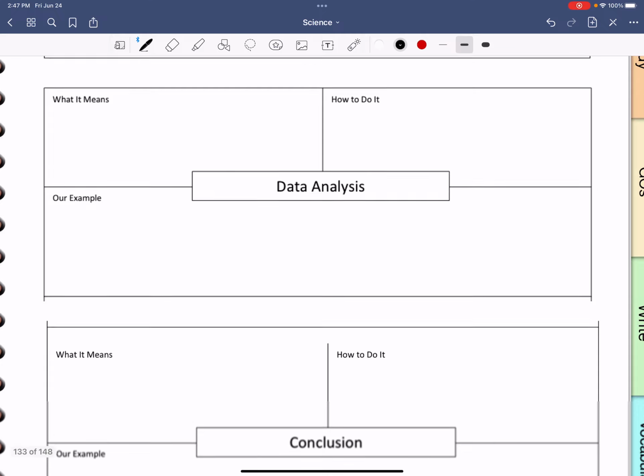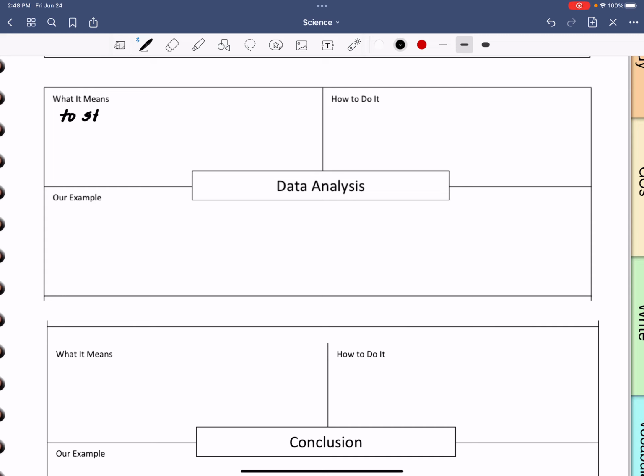Data analysis is our next one. And data analysis means to study information from an experiment.